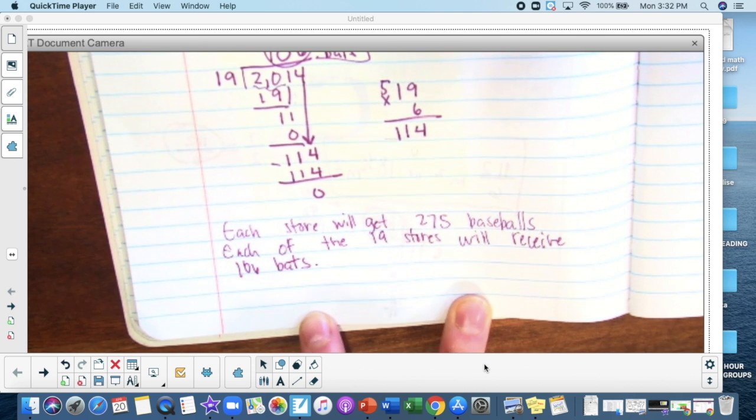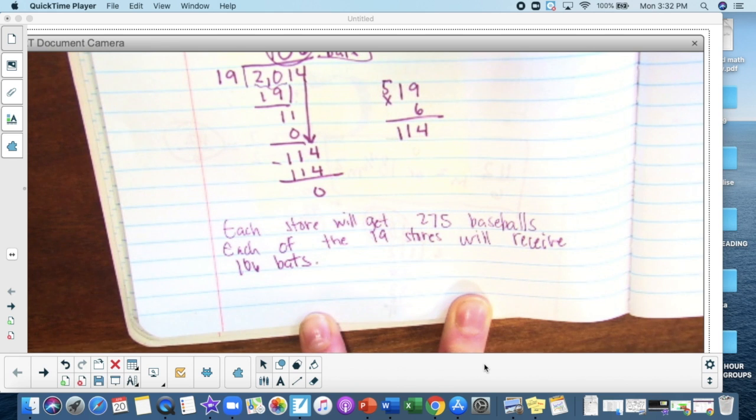So each store will get 275 baseballs. Each of the 19 stores will receive 106 bats. All right, guys, reflect. What did you do well? What can you improve on?